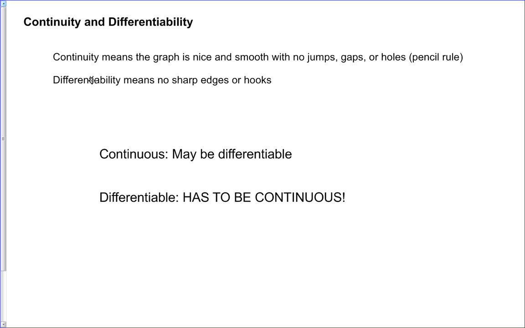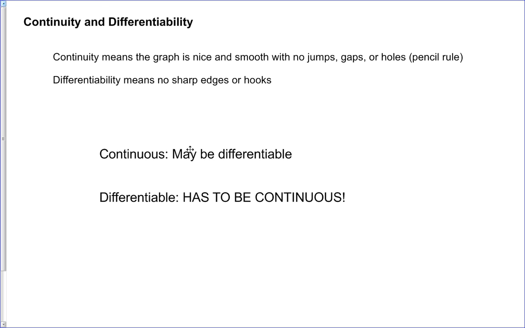And differentiability means no sharp edges or hooks. So, if a graph is continuous, it may be differentiable. But to be differentiable, it has to be continuous. It has to be continuous to be differentiable.